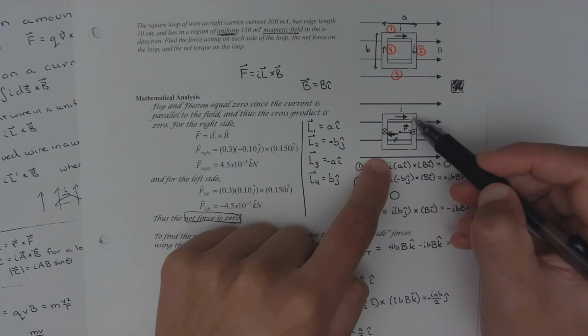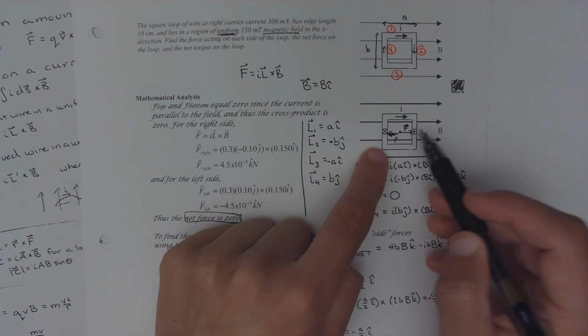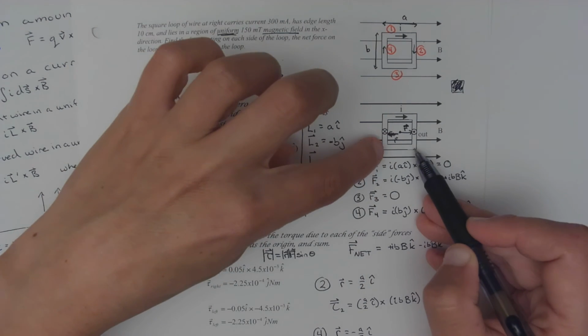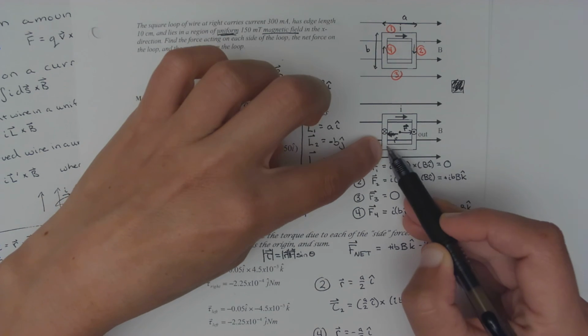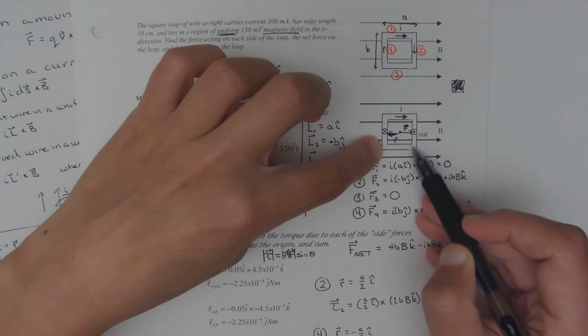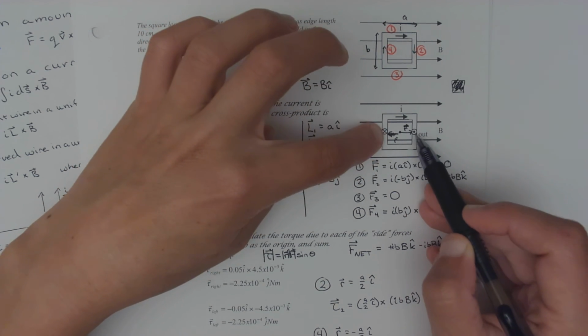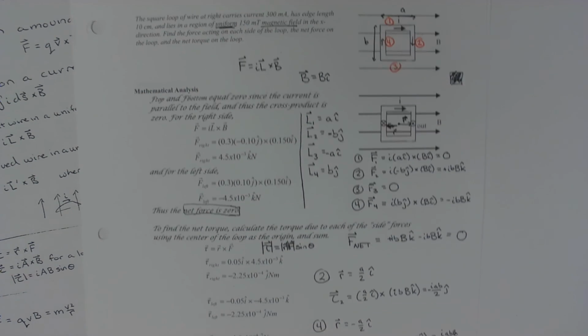So going up and going down would cancel out. So the effective length in that case would be from here to here, which would be the same thing as what I would get if I do this side plus this side plus this side, since side 4 and side 2 cancel out.